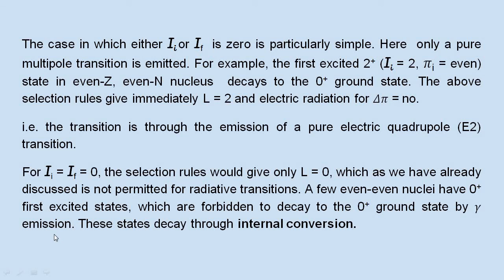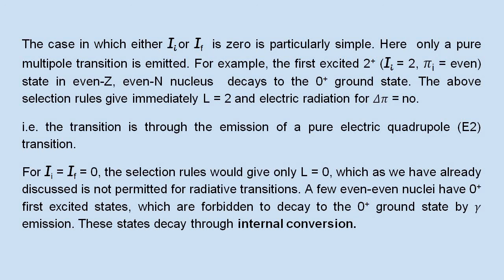How is such a transition possible? The difference in energy is not emitted as gamma, but is given to one of the orbital electrons. That property we have already studied in radiation physics, and these states decay through internal conversion. That energy is transferred to one of the orbital electrons and they are emitted.